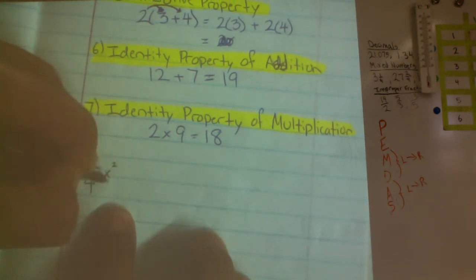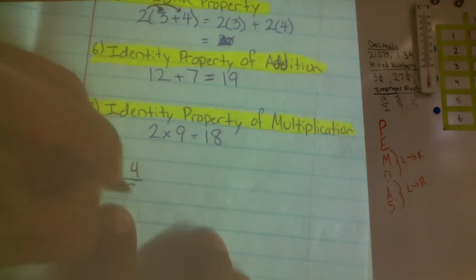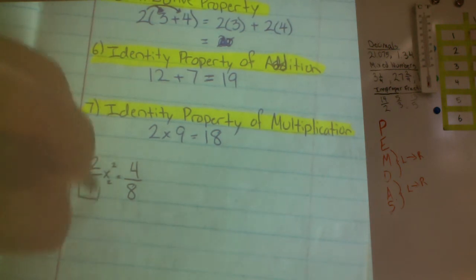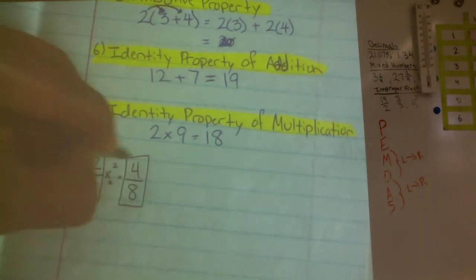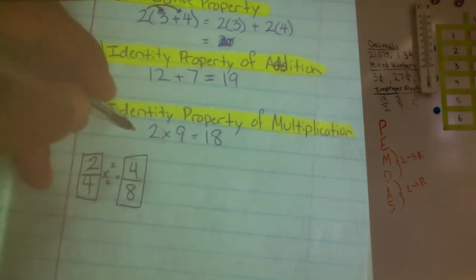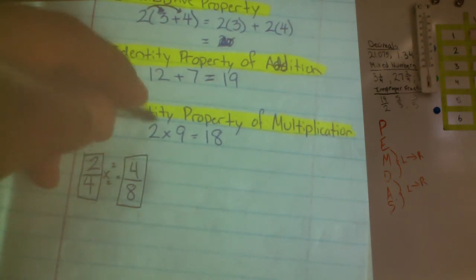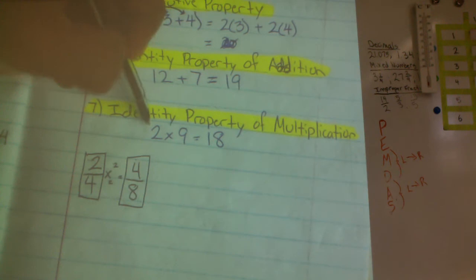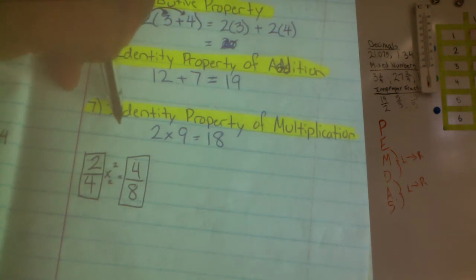We multiplied this by 2. We would get 4 out of 8. But the main factor was that these two were equal. This was the same thing as this, just shown in a different way. That's the same thing as this right here. 2 times 9 is the same thing as 18. It's just shown in a different way by multiplying two factors.